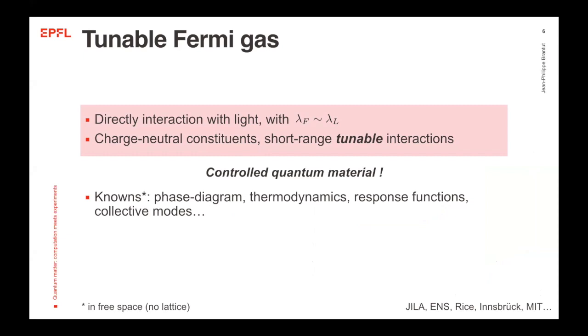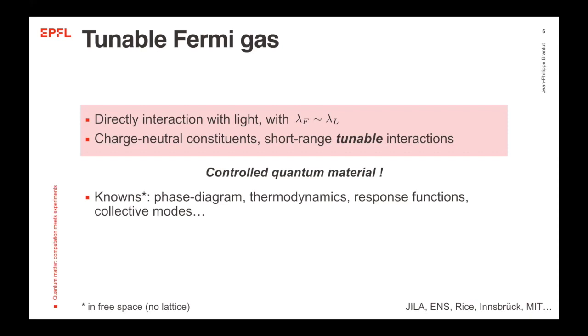We know, we are pretty confident, we know the phase diagram, we know most of the thermodynamics, we actually even know now quite a lot about response functions, both from theory and from experiments. So the way I want you to think about this is that this is sort of a bulk material with no lattice, by the way. This is important because all the things we think we know don't apply in the presence of an optical lattice.